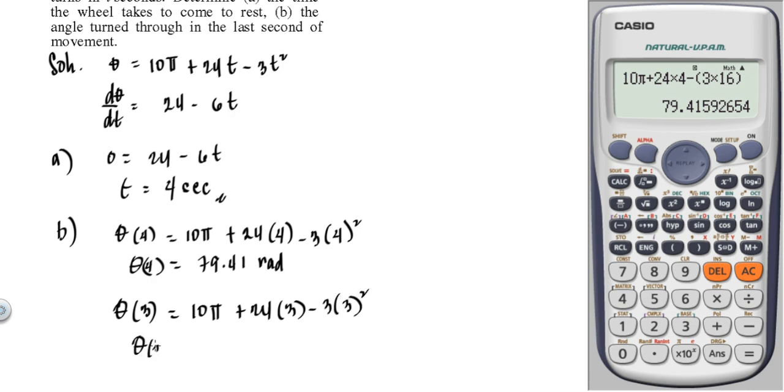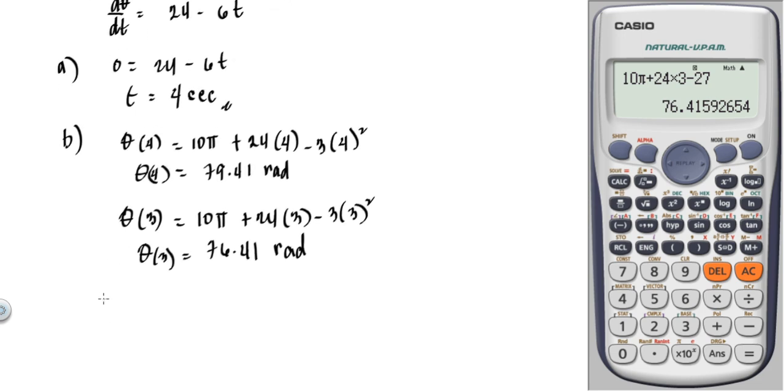So, theta of 3 is equal to 10 pi plus 24 times 3 minus 3 times 9, or 27. Right? 3 times 9 is 27. Press equals 76.41 radians.